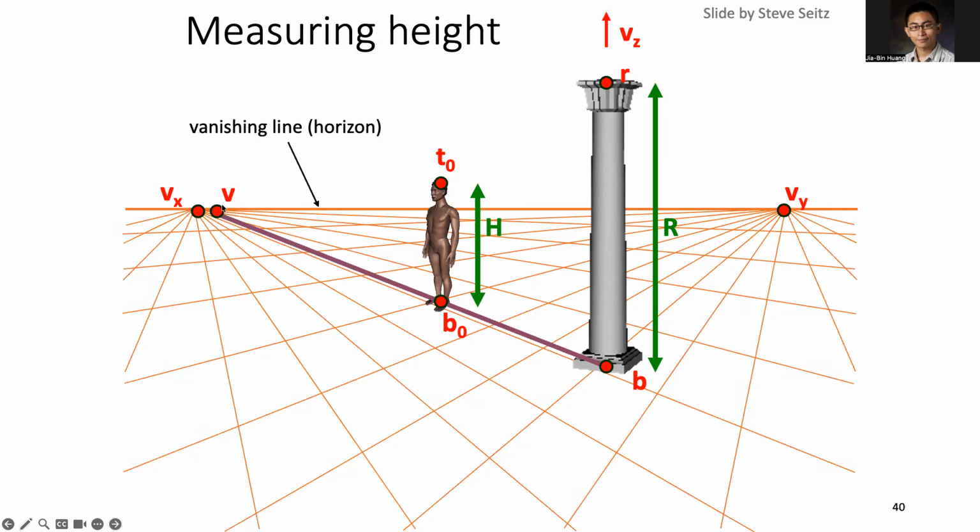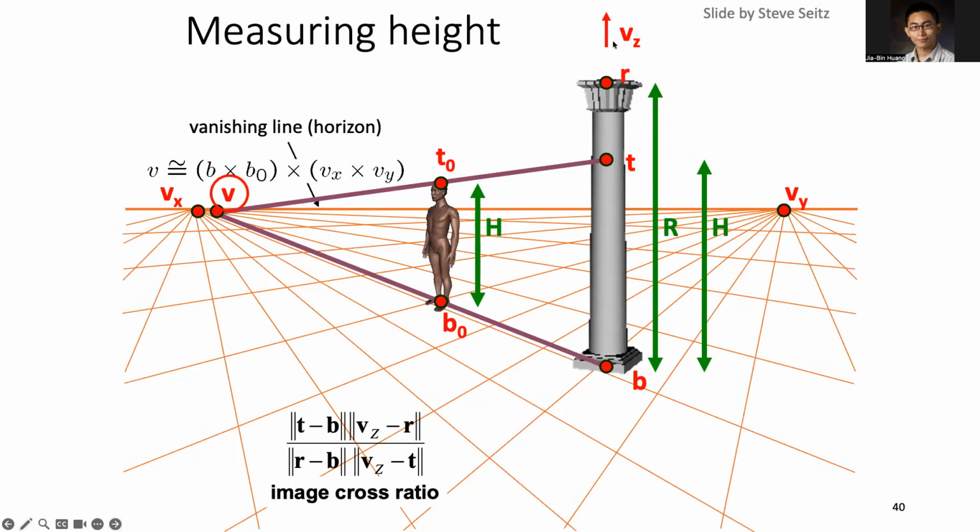And then you can draw a line here to get a T. So now this is H, this is H, and this is R. At the same time you compute the image cross ratio, and it will be the same as H divided by R. Okay, and with that you can recover the actual result.